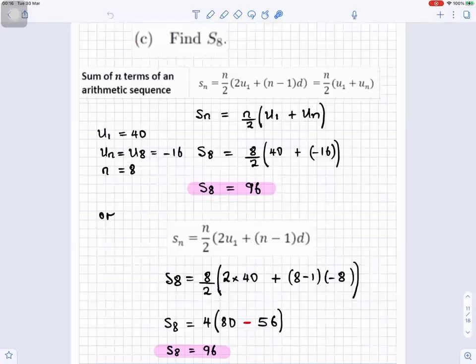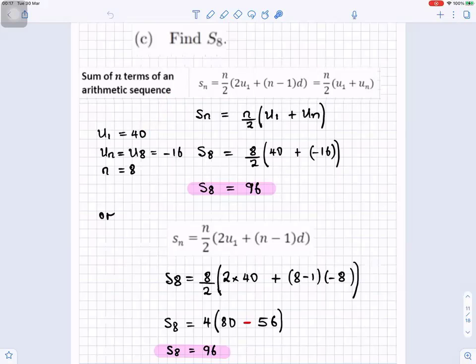Find S8. S8 means the sum of the first 8 terms. The sum of n terms of an arithmetic sequence is given by this formula. You can use the first part of the formula or the second part. They all give you the same answer. Let's start with the second part. We know the first term is 40.